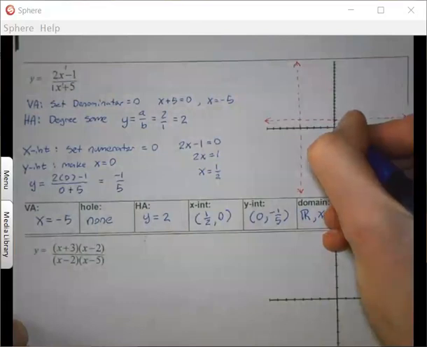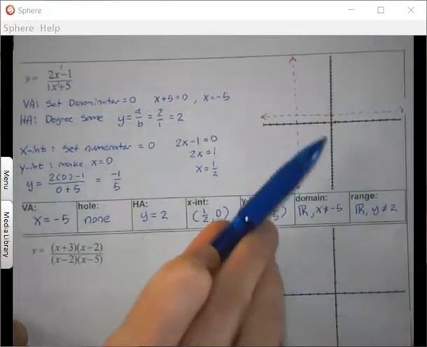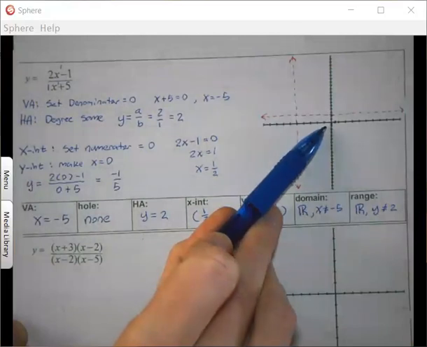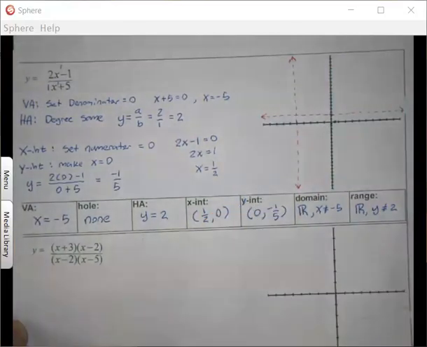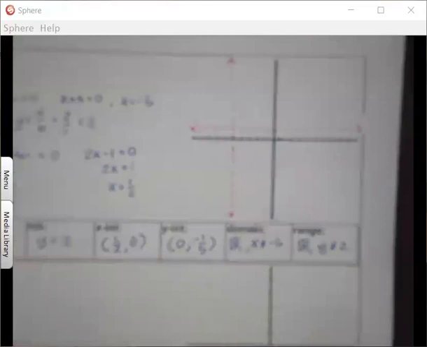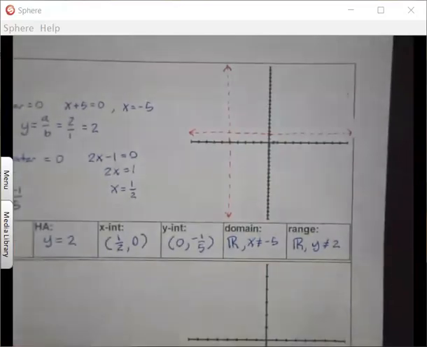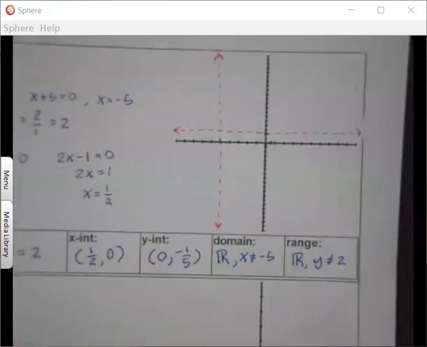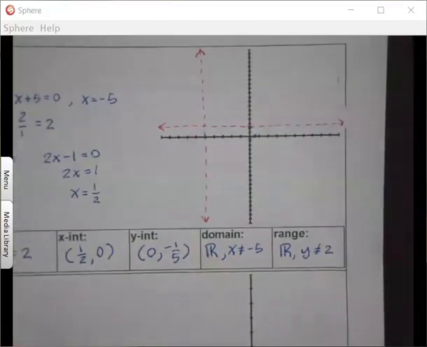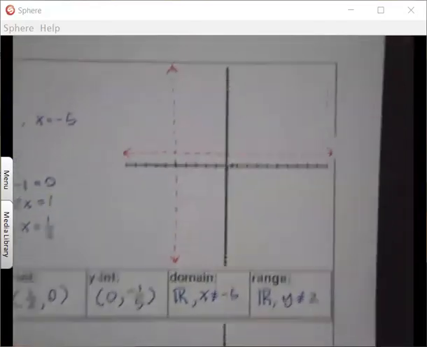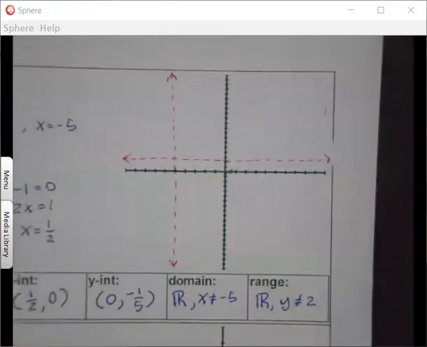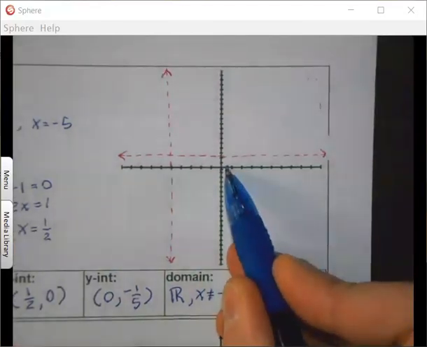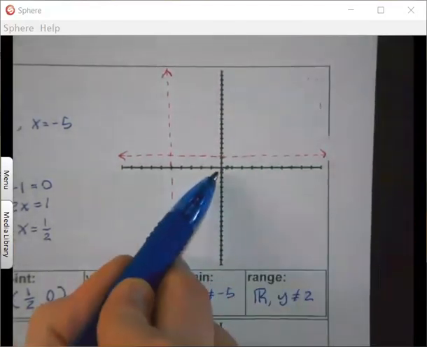Get as close as we can. It's hard to see, so it's about right there. So x is 1/2, y is minus 1/5.